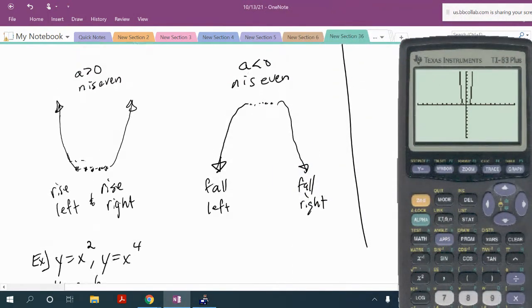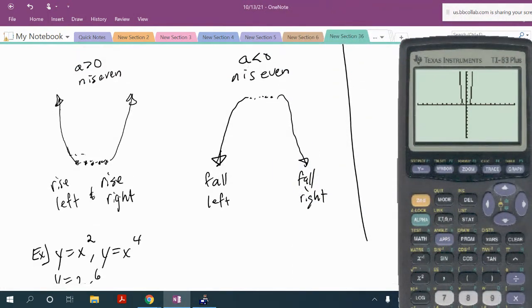Now on the flip side, if your leading coefficient is negative, but your power is still even, your graph takes on the upside down U shape. So here are some examples. y is equal to negative x squared, that would be an example, and we're going to graph that in just a second. y equal to negative x to the fourth.